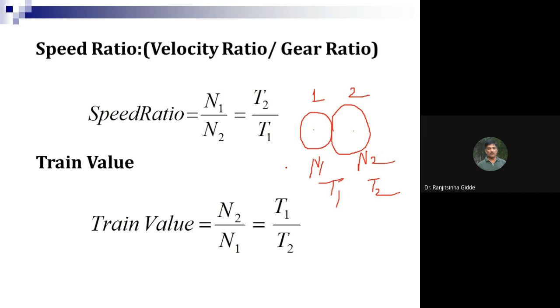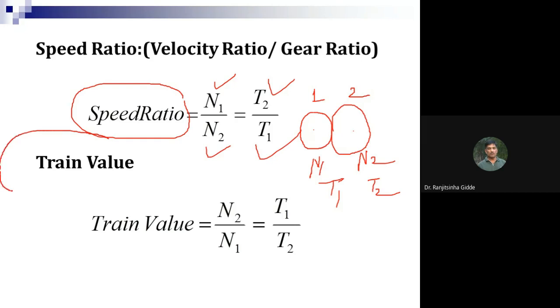Now what is speed ratio? Speed of driver divided by speed of driven, and it is equal to number of teeth on driven divided by number of teeth on the driver. So this is about speed ratio. And what is train value?